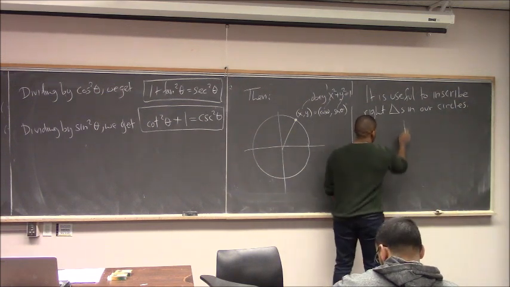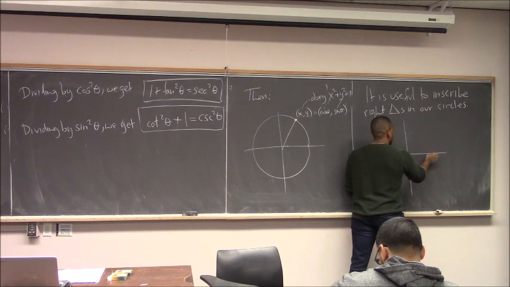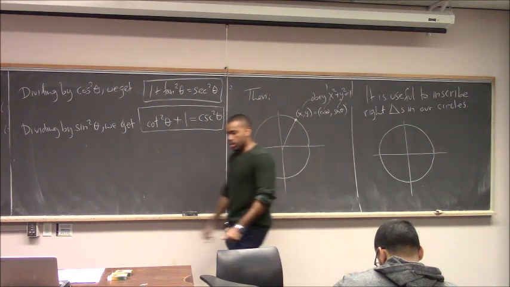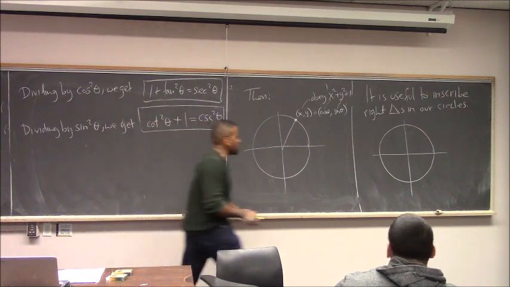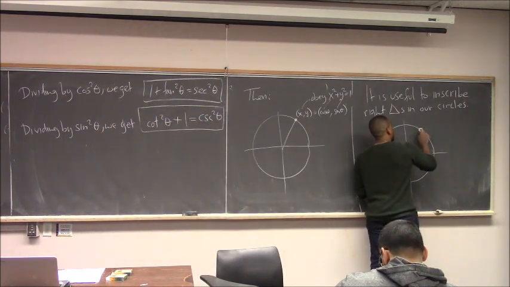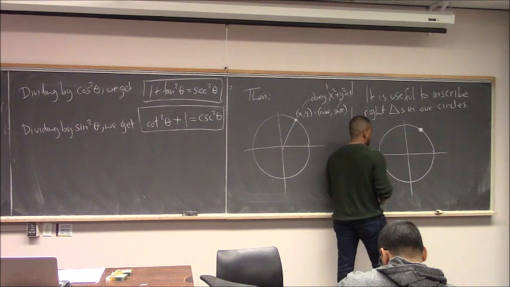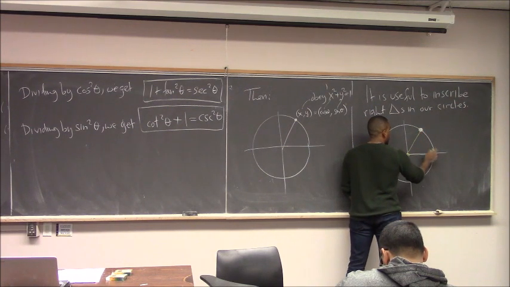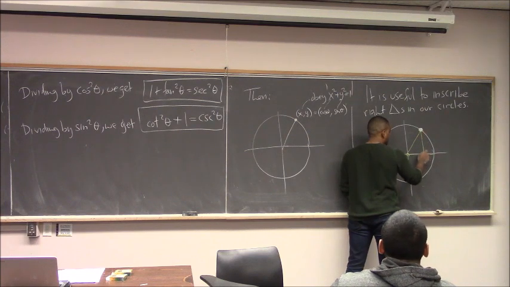Well, why is that useful? So for example, I can have a circle and I can create a triangle. If you tell me about a coordinate you care about, say over here, I can create a triangle by connecting that to the origin, connecting that over here, and then drawing this right down here.